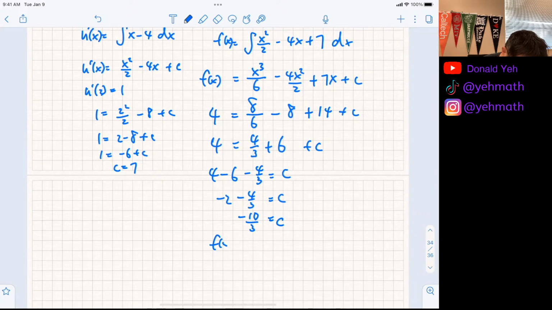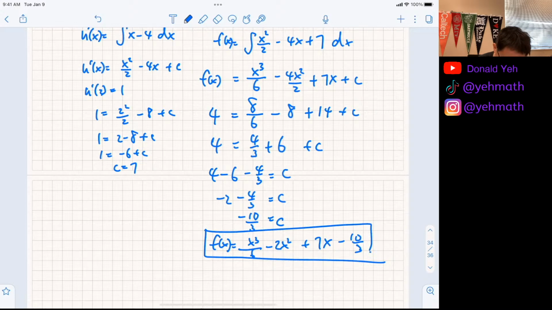So you can write down the answer: x cubed over 6 minus 2x squared plus 7x minus 10 over 3. And this is my final answer. Any questions?